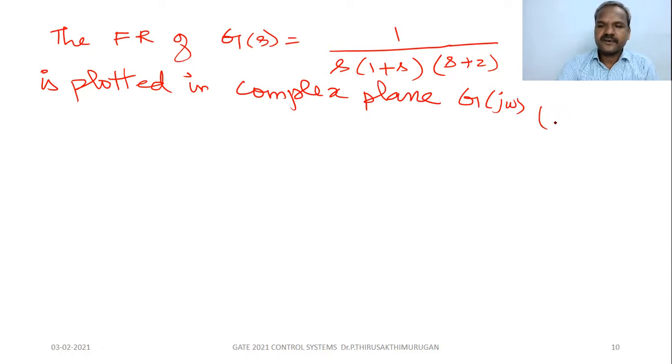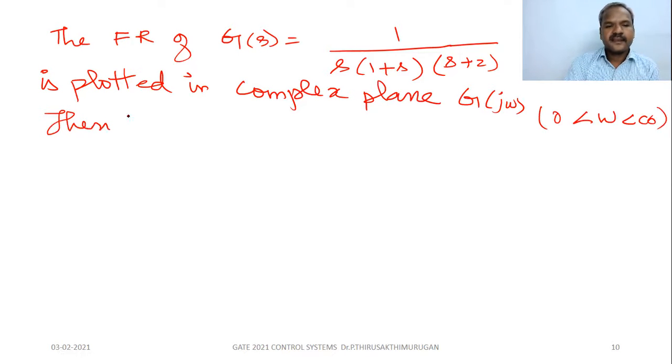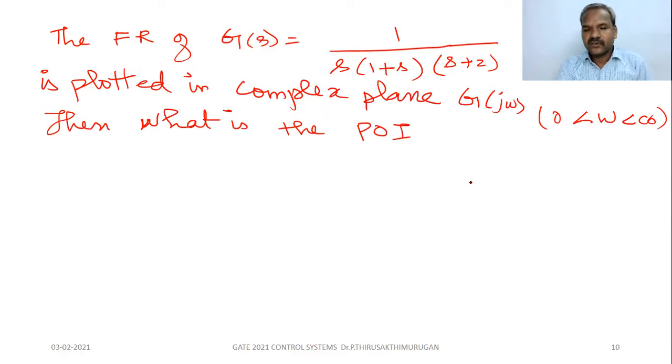So for the range of 0 less than omega less than infinity, what is the point of intersection on the negative real axis, and where will be the asymptote line?